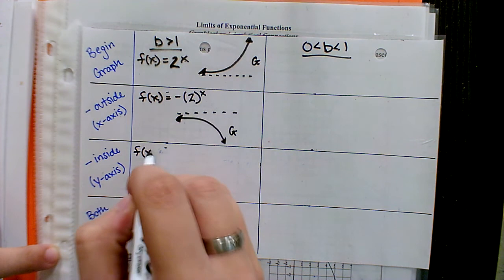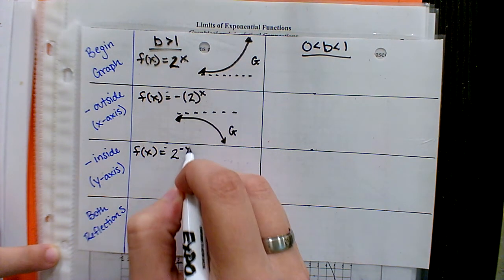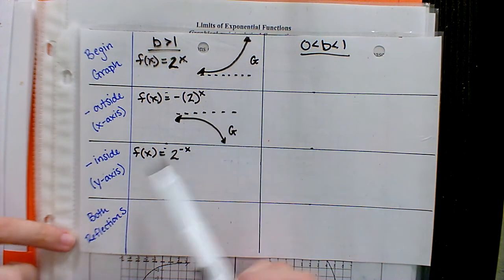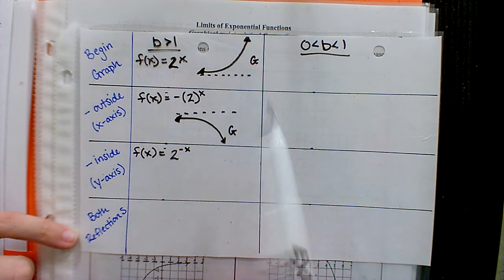Sometimes we might have a negative on the inside. What that means is the negative is with that exponent of x. And based off that location of the negative, we need to flip or reflect our graph across the y-axis.